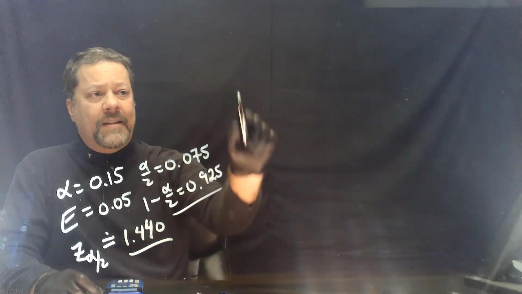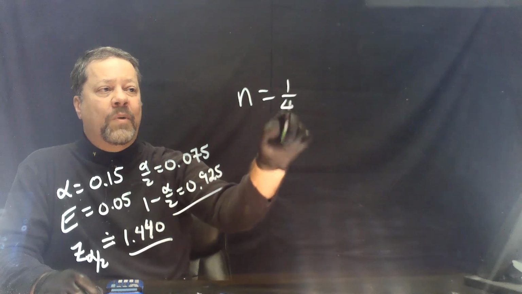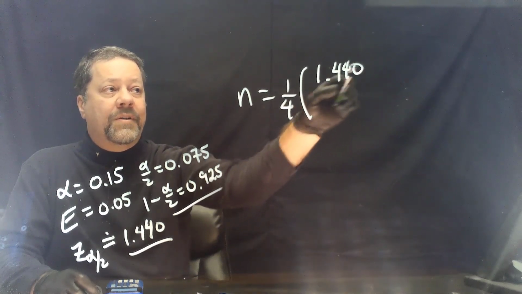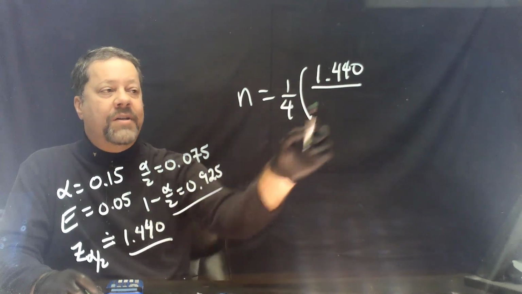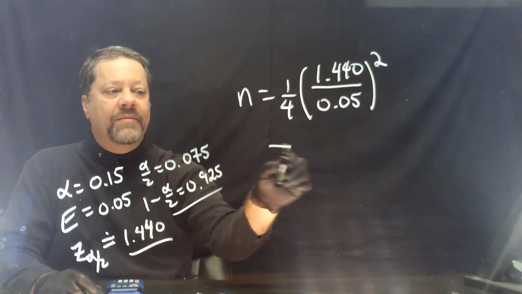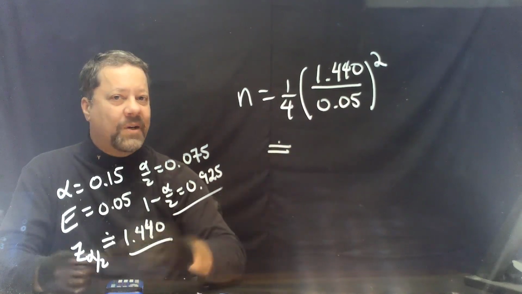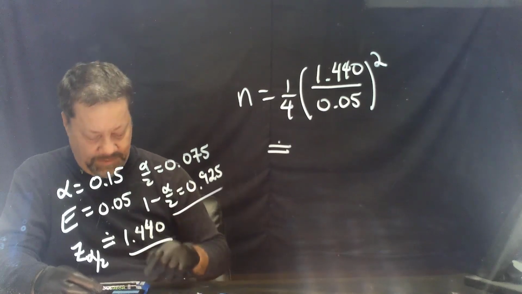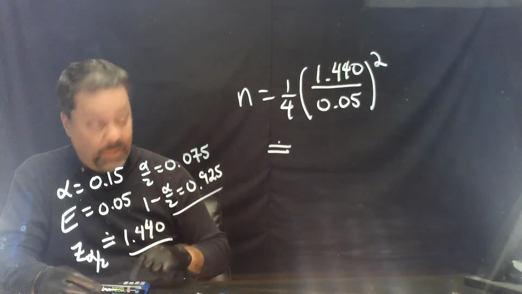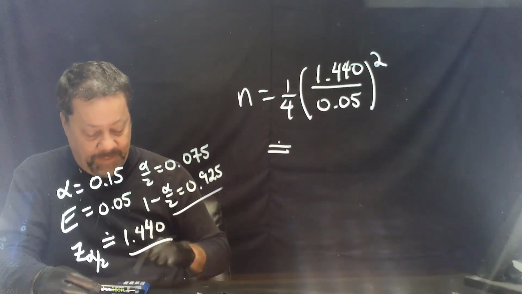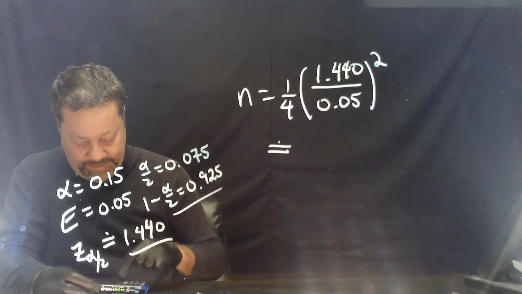It follows then that the sample size should be 1/4 times our critical z, 1.440, divided by the margin of error, 0.05, squared. Crunching the numbers on my calculator, I'll have 0.25 times 1.440 divided by 0.05 and then squared.